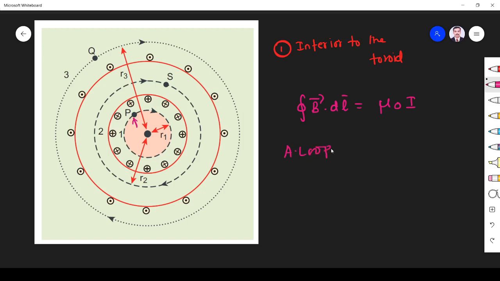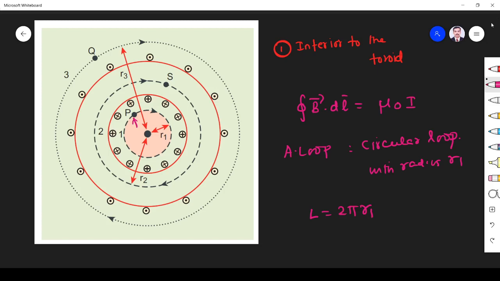The Amperian loop is circular because the toroid is also circular. It is symmetric. With radius R1, this dashed line, the circumference is L equal to 2 pi R1.